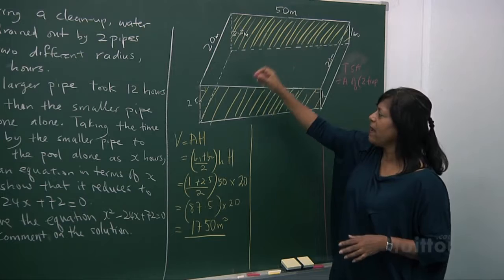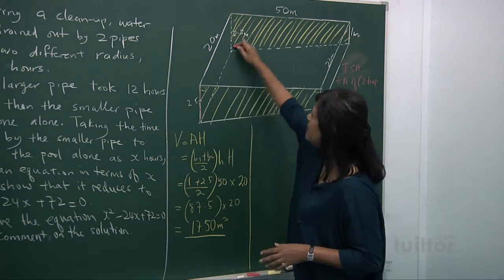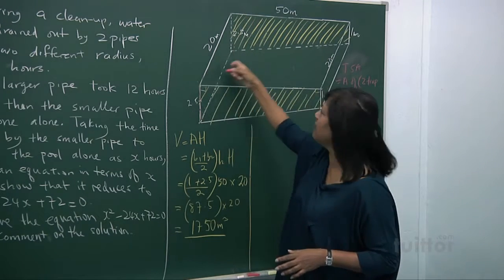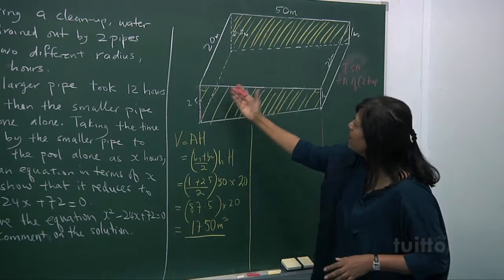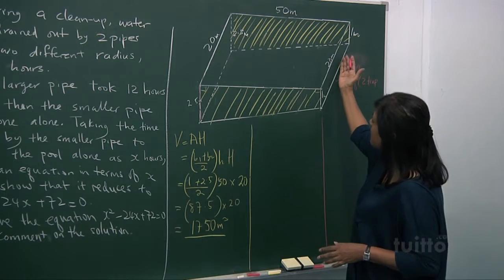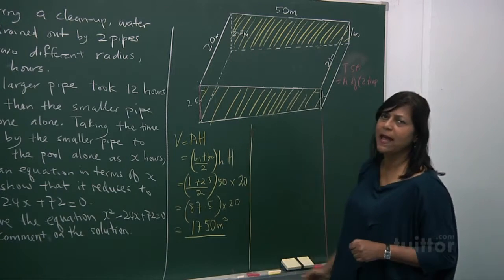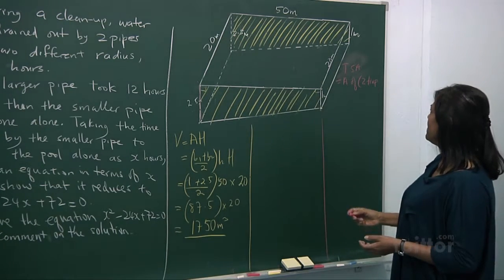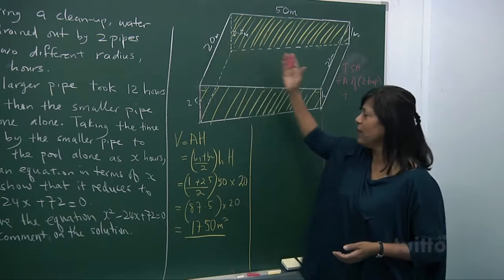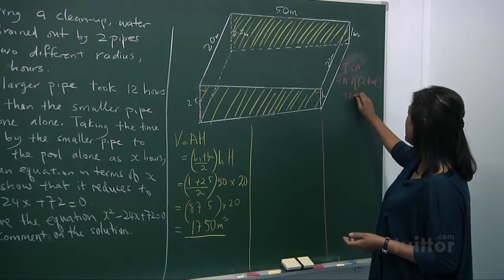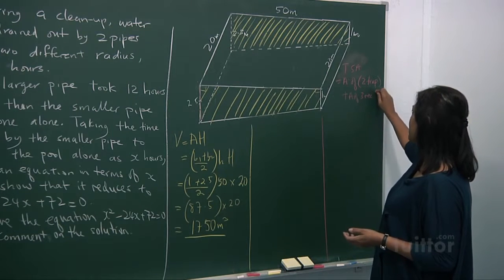Alright, the total surface area will be the area of 2 trapeziums, 1, 2. And then you've got these 2 rectangles here, the big rectangle and the shallow rectangle, plus this rectangle that's going right down from this end to this end. So you can see the area of 3 rectangles.